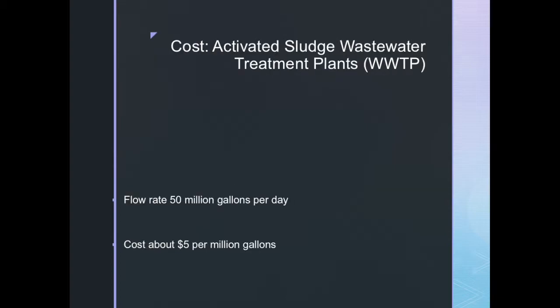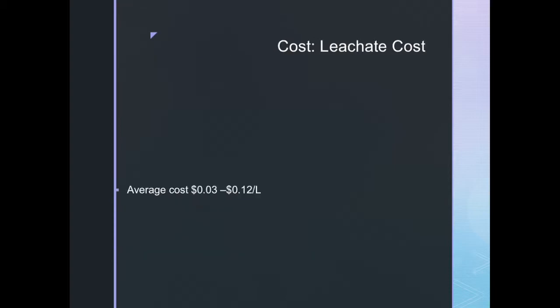Active sludge wastewater treatment plants with flow rate 50 million gallon per day can cost about $5 per million gallons. A leachate system has an average cost of $0.03 to $0.12 per liter.